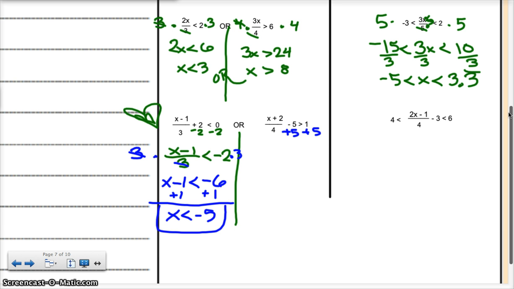And I get x plus 2 over 4 is bigger than 6. Can I multiply through by the denominator now? Yes, because all I have left is a fraction. It cancels out the 4. I get x plus 2 is bigger than 24. Subtract 2. x is bigger than 22. This was an OR statement.